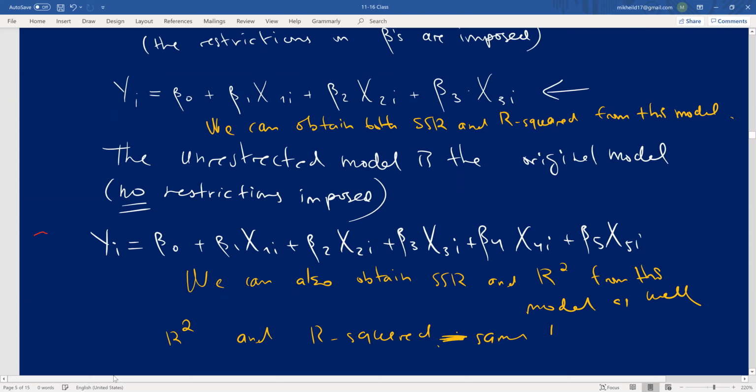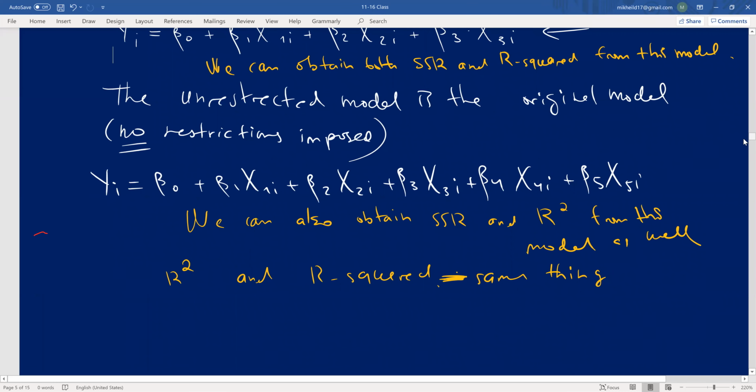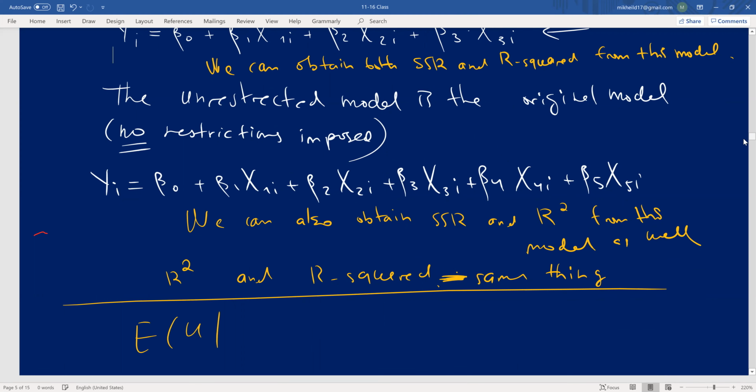Quick question. Do we carry the disturbance throughout the models, both the restricted and the unrestricted? Because it's not written down on the blue screen. First of all, that's a very good question, but the assumption that U should not be correlated with your X's should be satisfied for both models.